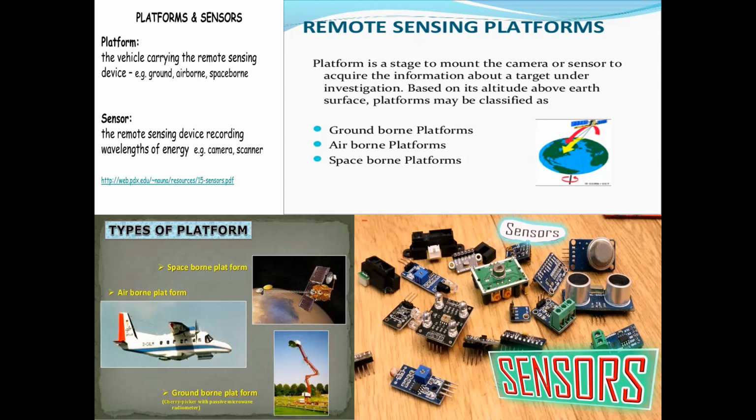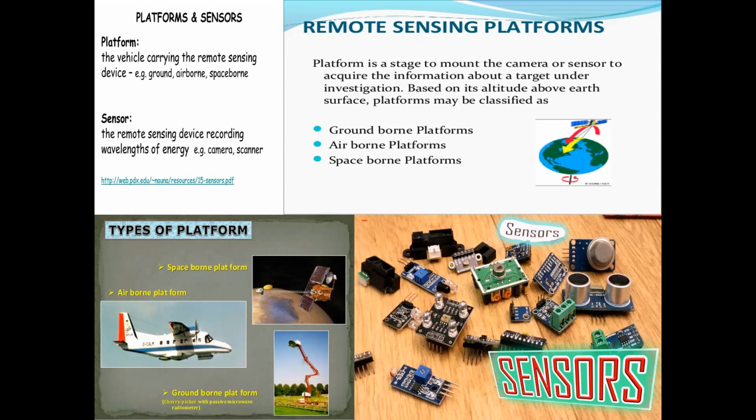These platforms are used for carrying the remote sensing device. Another one, sensor. What is a sensor? The remote sensing device recording wavelengths of energy. That is the main definition for sensor. For example, camera, scanner. This is one example for sensors.